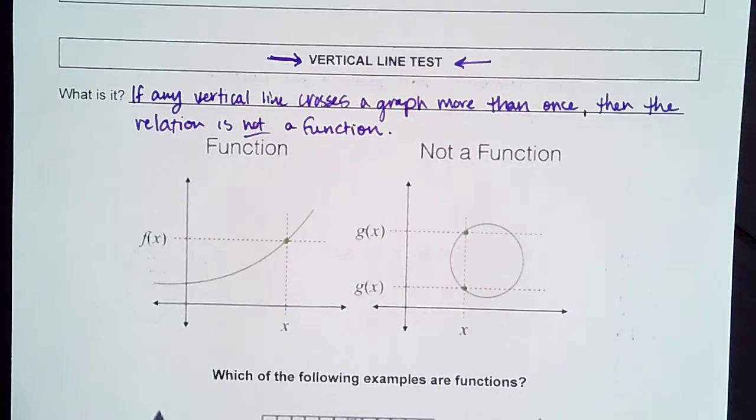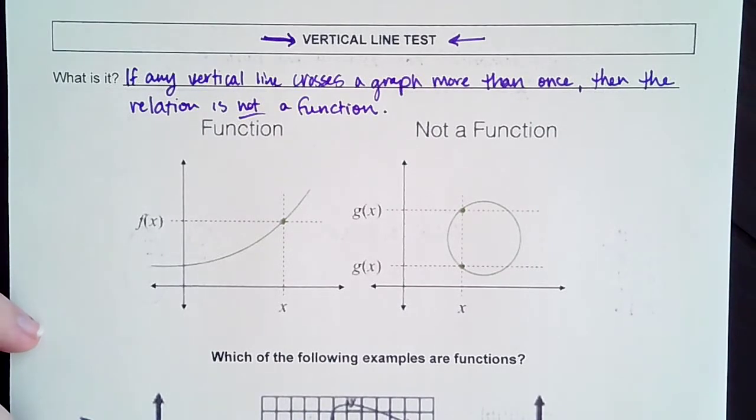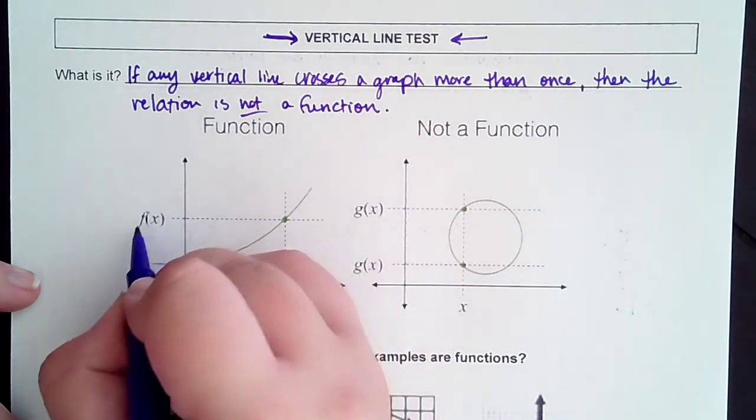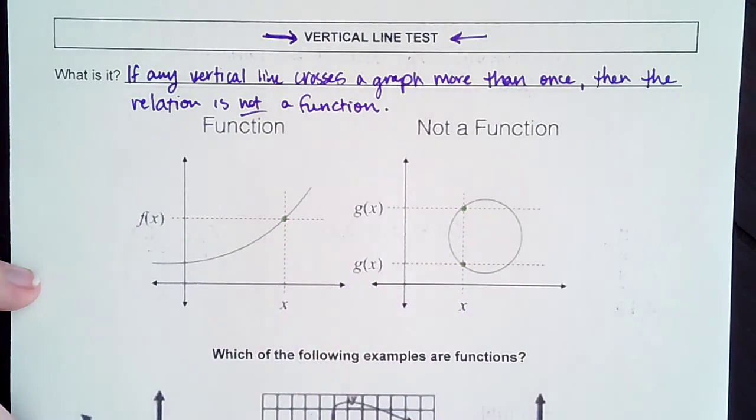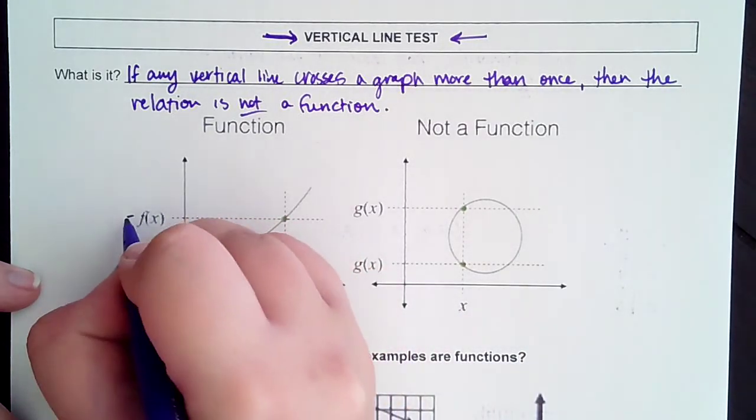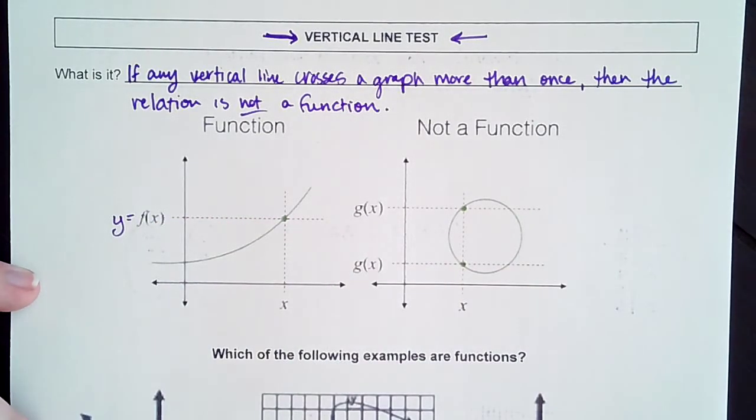So, on the left, we have an example of a function. Ignore this f of x. We have not dealt with function notation yet. Another way to look at that would just be, it's just saying that's the y.